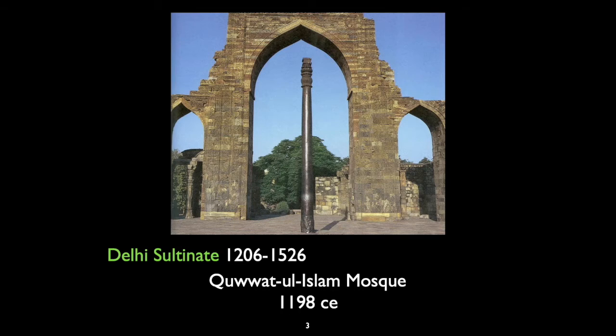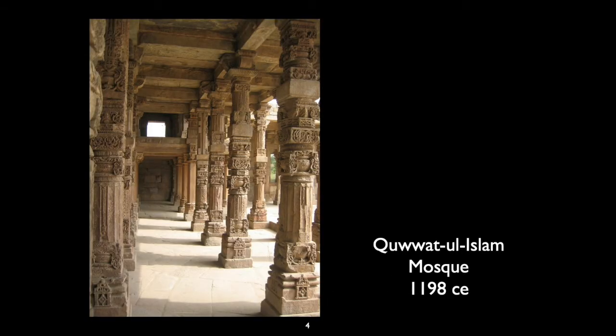We can see that in the colonnade that surrounds the open courtyard within what remains of the Quwat al-Islam Mosque. We can see this colonnade is made up of several smaller columns stacked up on top of each other. Hindu columns tended to be fairly short, and so they were chopped up and placed in a way that they were made longer.